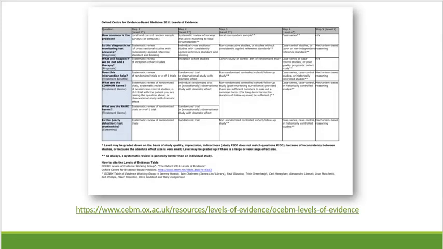Now, this slide here obviously is very small. If you want to explore it at all, this is the Oxford Center for Evidence-Based Medicine Levels of Evidence, and there's a link there that would take you to the web page. Now, why am I presenting this here?